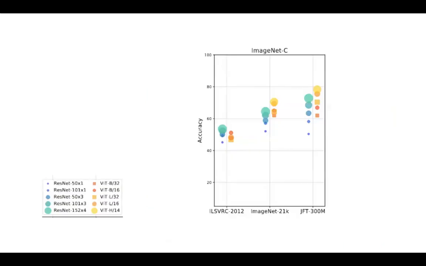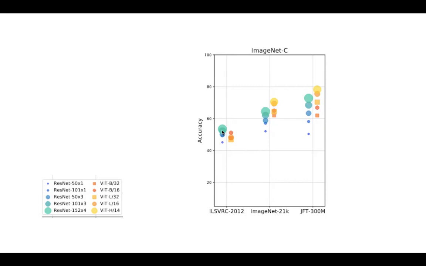So as we can see, if we pre-train the model on the data set that has a minimum number of images, in this region our ResNets perform better than ViT. Mind you, there was no inductive bias in the vision transformer, but there are strong inductive biases in the ResNet for computer vision tasks that are already said.